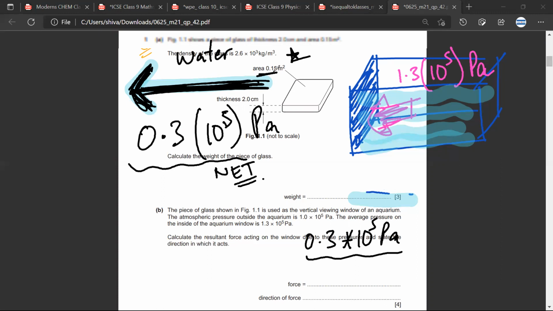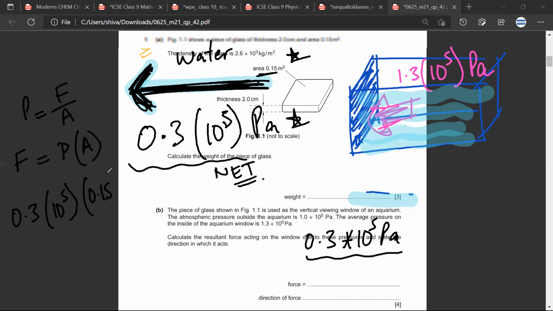This net pressure would be acting on this area. And I know that pressure is equal to force per unit area, and force is equal to pressure into area, and pressure is 0.3 into 10 raised to power 5 into 0.15. So this would be 3 upon 10, 10 raised to power 5, 15 upon 100.